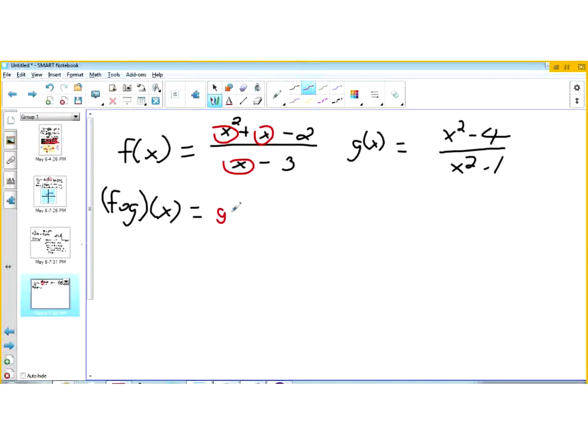So this would simply be g of x squared plus g of x minus 2 divided by g of x minus 3.